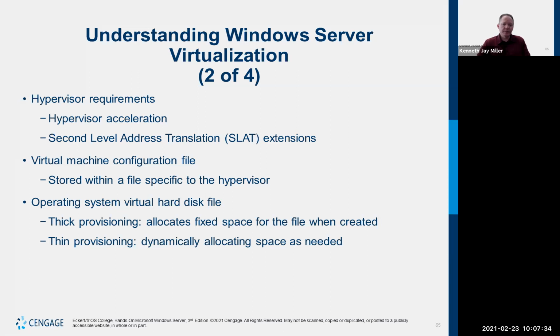So when we start building our environment and start looking at how we are going to do our routing, how we are going to do our file storage, how we are going to do our infrastructure services like DHCP, DNS, FTP, those kinds of things, web services, what machine are we going to put them on?